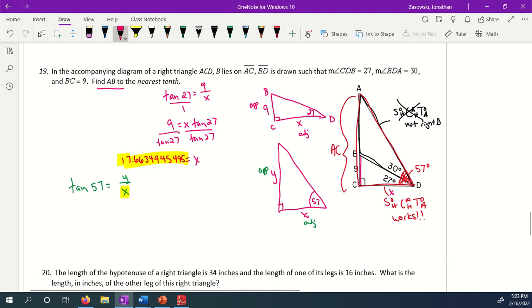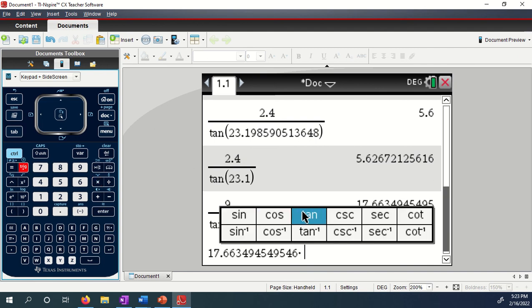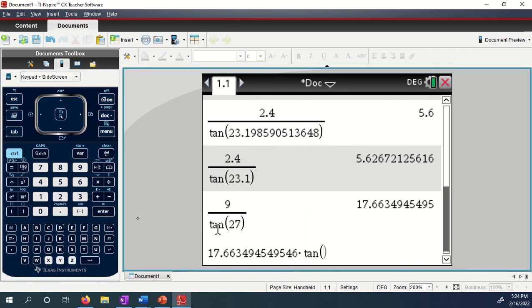So we're going to cross multiply. So x times the tangent of 57 is equal to y. And remember, that's really this number. So now on our calculator, we're going to put x, which is this big number, times trig tangent of 57.